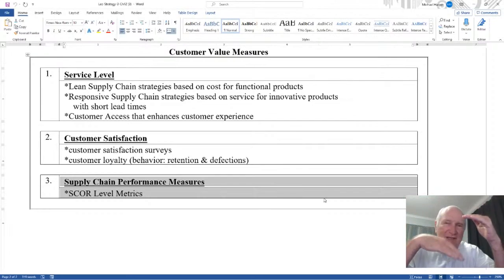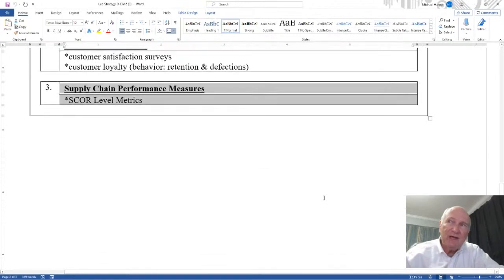There are different levels, level 1, 2, 3, and level 4, and they have hundreds of these metrics, and you don't use them all. You use what's appropriate for your supply chain, and that's why they have different levels, to create the framework and structure to know how to go in and use what metrics for your supply chain. So we'll do that later.